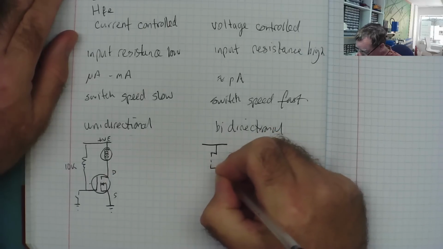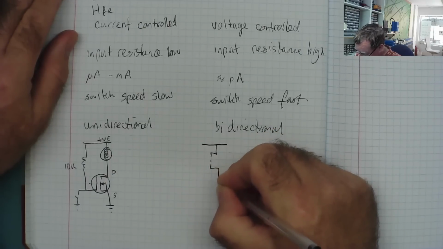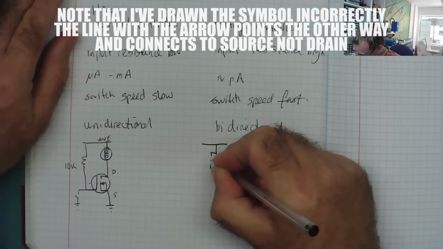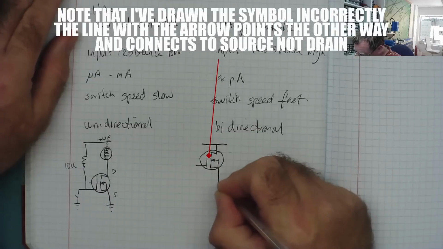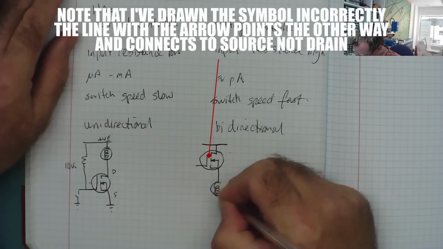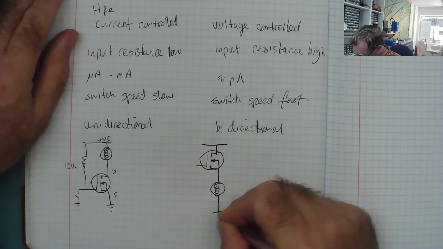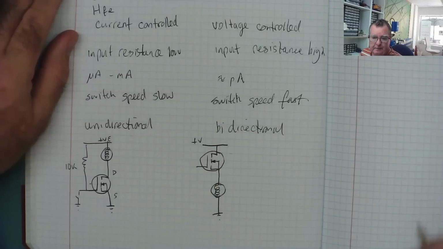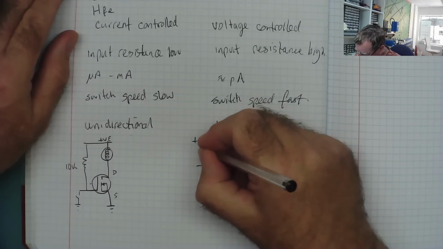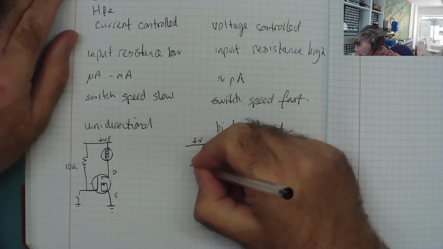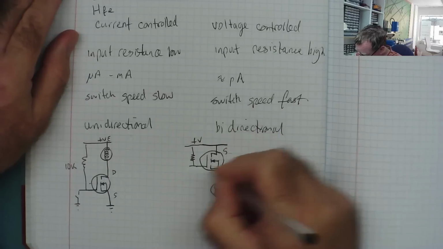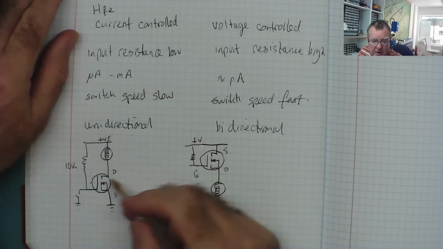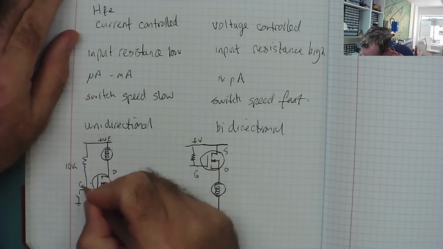We have our P-channel MOSFET symbol, and here we can put our light bulb, and we can go to ground, and this is a positive supply. Now if we connect the resistor here, so this is your source, this is your drain, this is your gate, the other way around, yeah, this is your gate, this is your drain, this is your source.